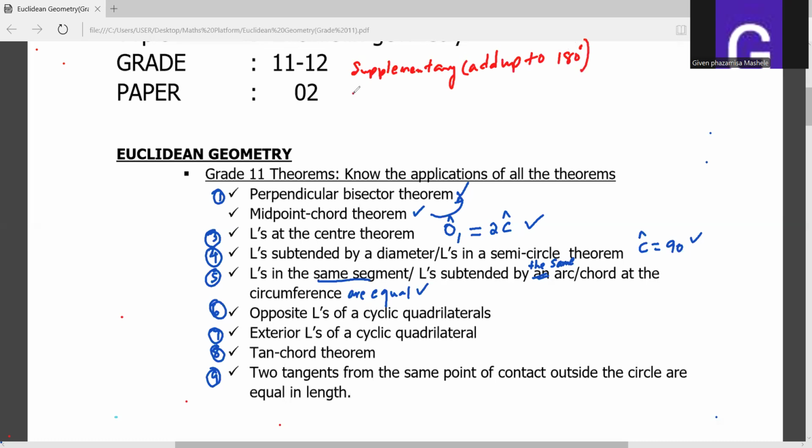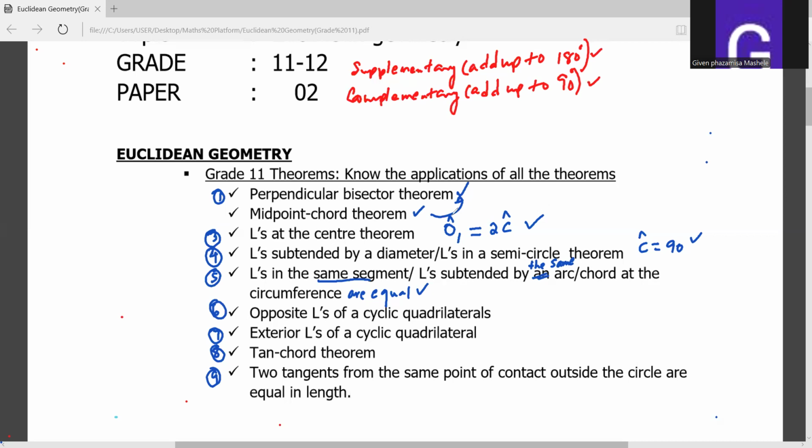Then for enrichment, complementary means add up to 90 degrees. But it's not what we want to talk about now, it's just for enrichment. Right.